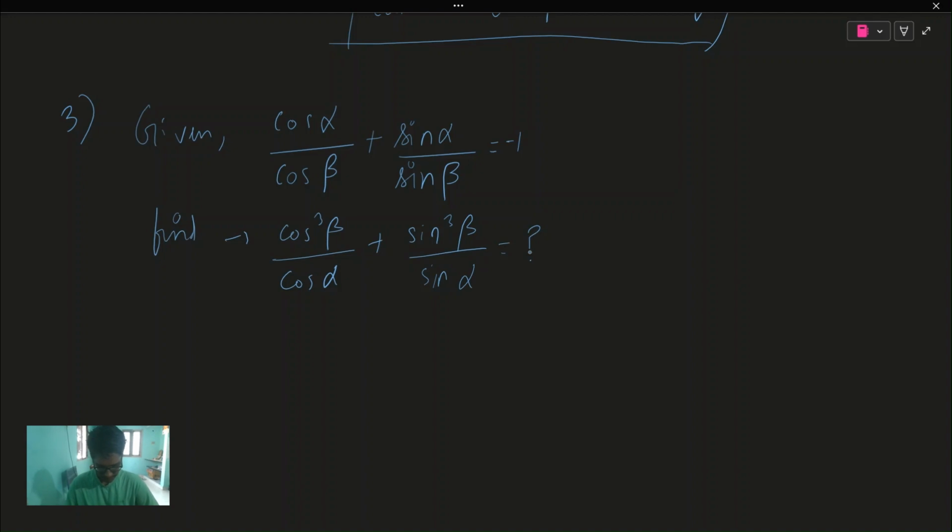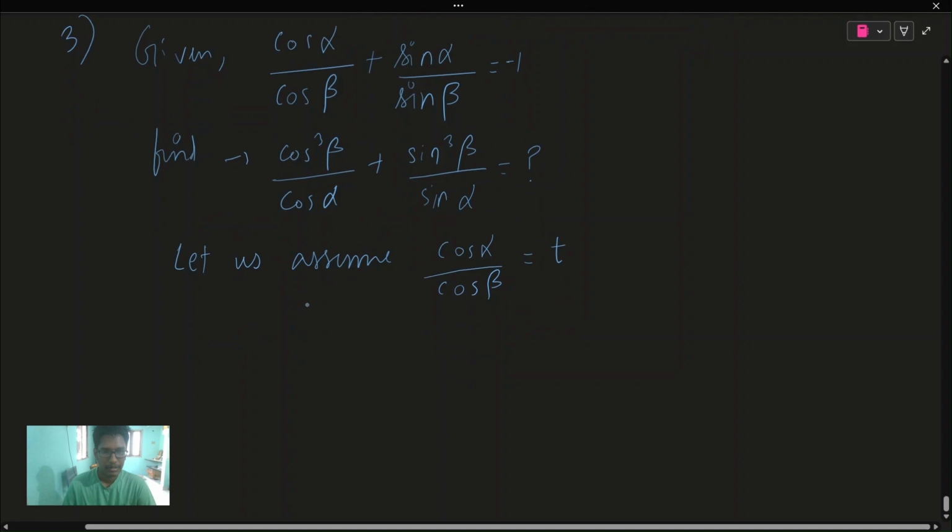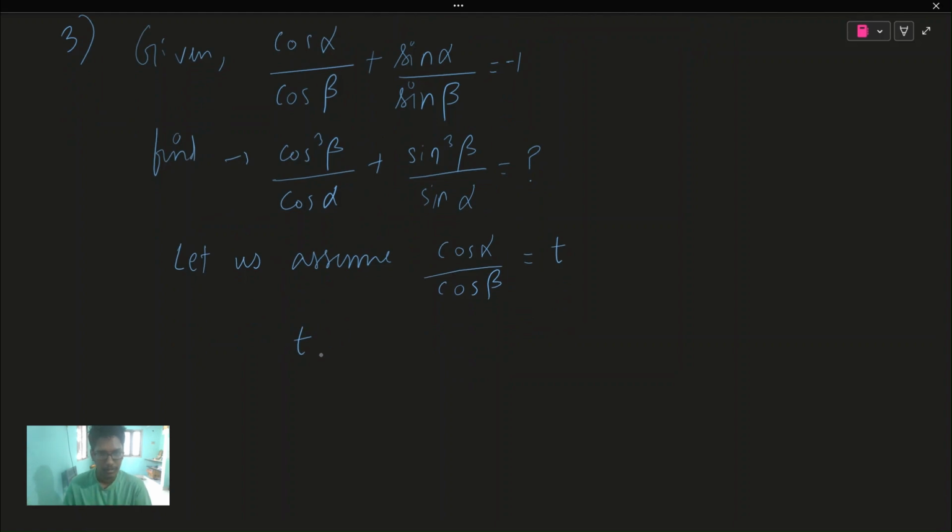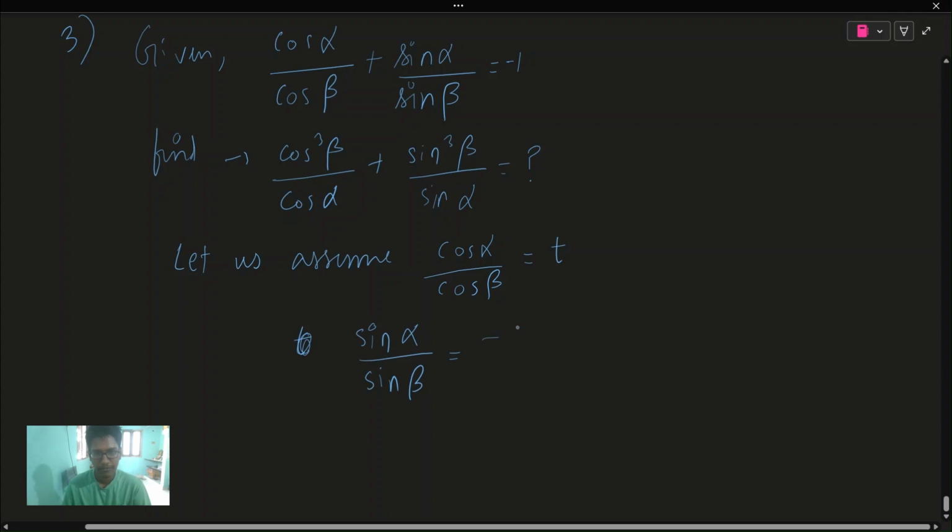So let's solve. Let us assume, for our convenience, cos alpha by cos beta equal to t, which means sin alpha divided by sin beta would be minus of 1 plus t.